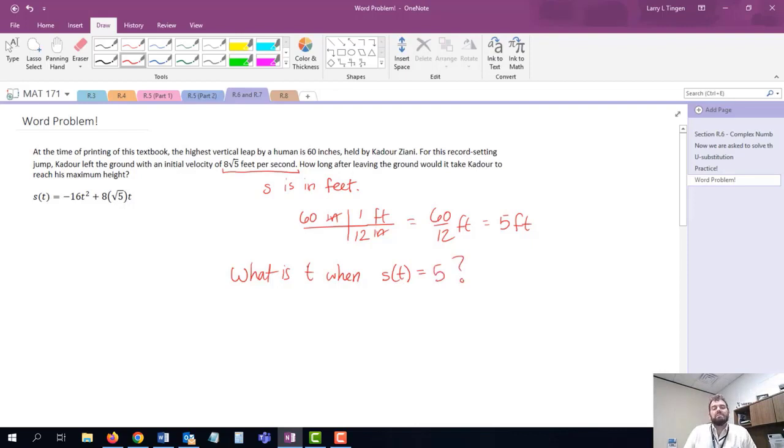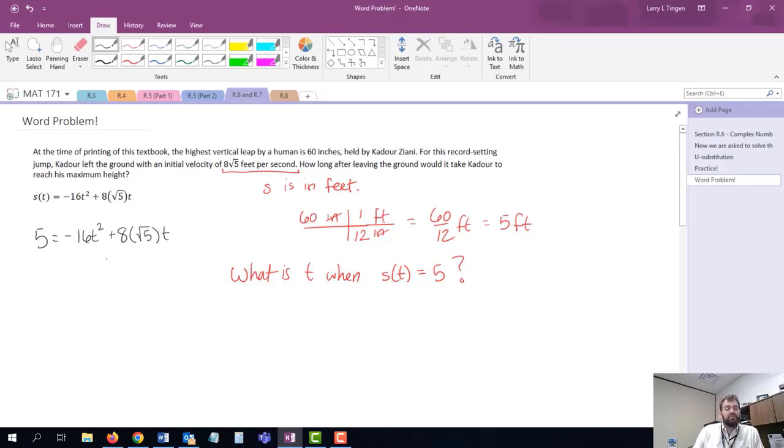All right, so S of T, that's the entire left-hand side of the equation. So what have I done? I have 5. I plug it in for S of T, and then I solve for T. So let's do that. So 5 is equal to negative 16t squared plus 8 times the square root of 5t.